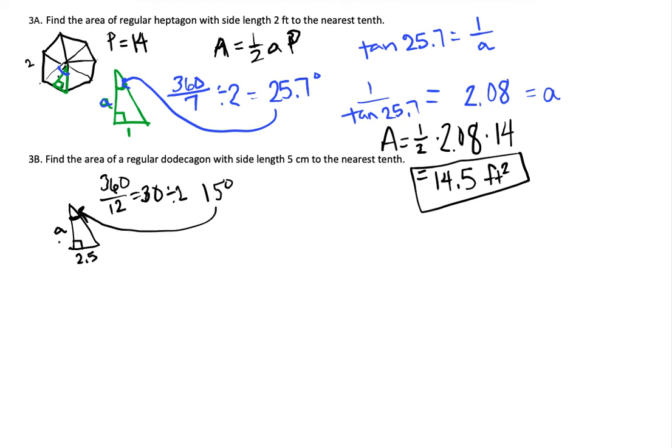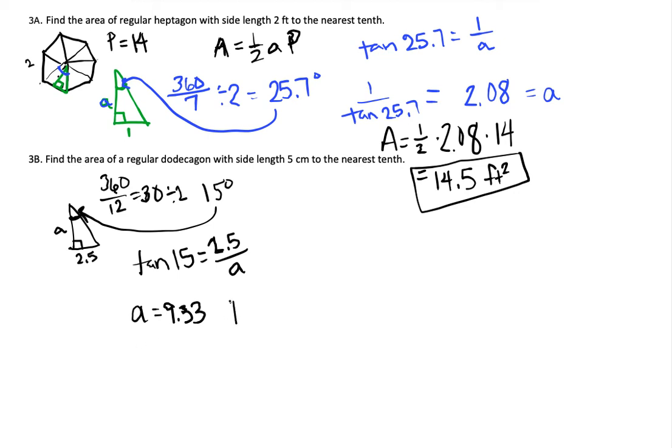So I have enough information to find my apothem. And I can do tangent of 15 equals 2.5 divided by A. So I'm going to take 2.5 and divide by tangent 15. I get 9.3 about. Go slow on those.